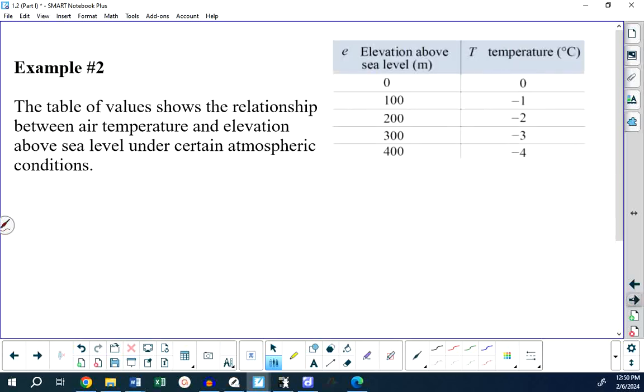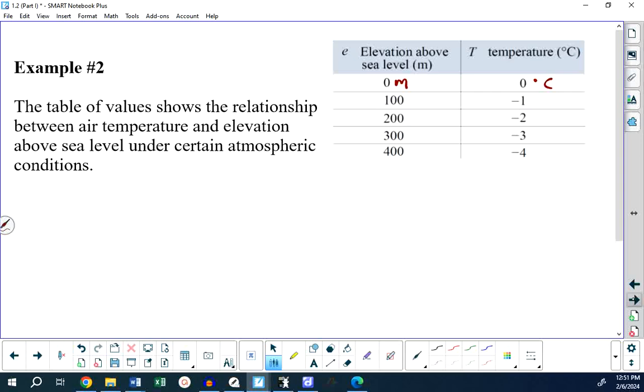All right, let's take a look at example 2. The table of values shows the relationship between air temperature and elevation above sea level. So let's talk about what this means. This is saying that when you are 0 meters above sea level, which means you're at sea level, the temperature is 0 degrees Celsius.